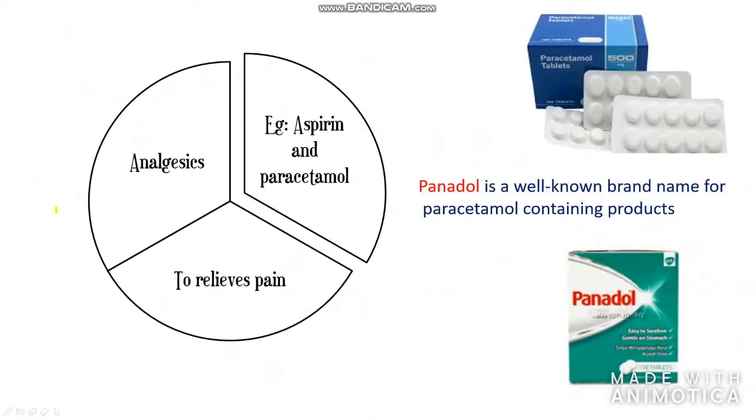Okay, examples of analgesic are aspirin and paracetamol. It is used to relieve pain. For example, if you have a headache, you may eat Panadol. Panadol is a well-known brand name for a paracetamol-containing product, so it can be used to relieve pain.